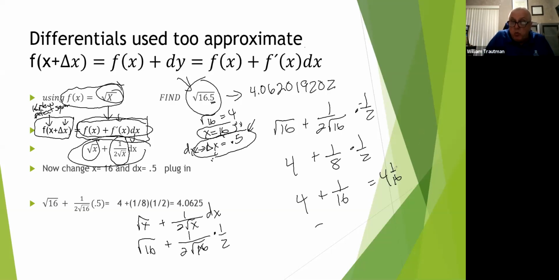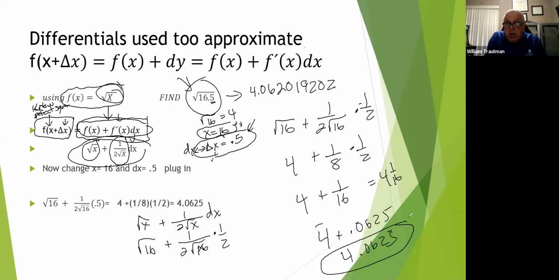If you divide 1 by 16 using long division, because Newton didn't have a calculator, or on your calculator, it ends up being 4 plus 0.0625, which is 4.0625. This is how Newton did it.